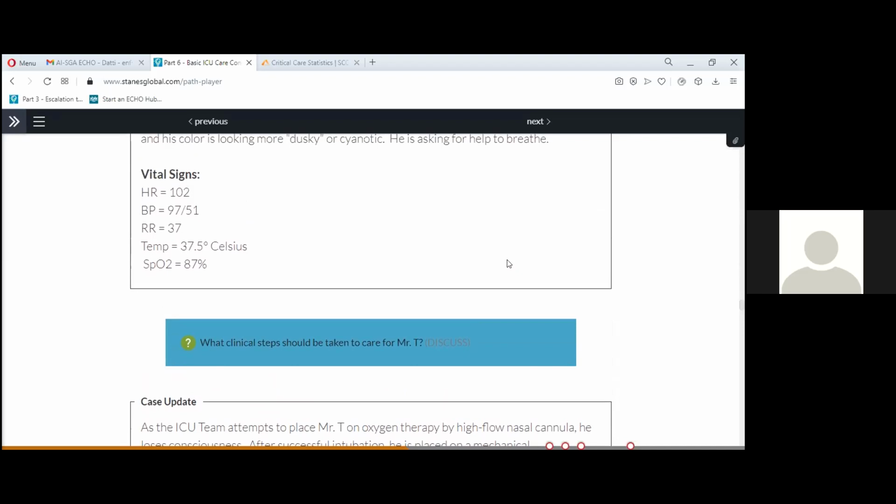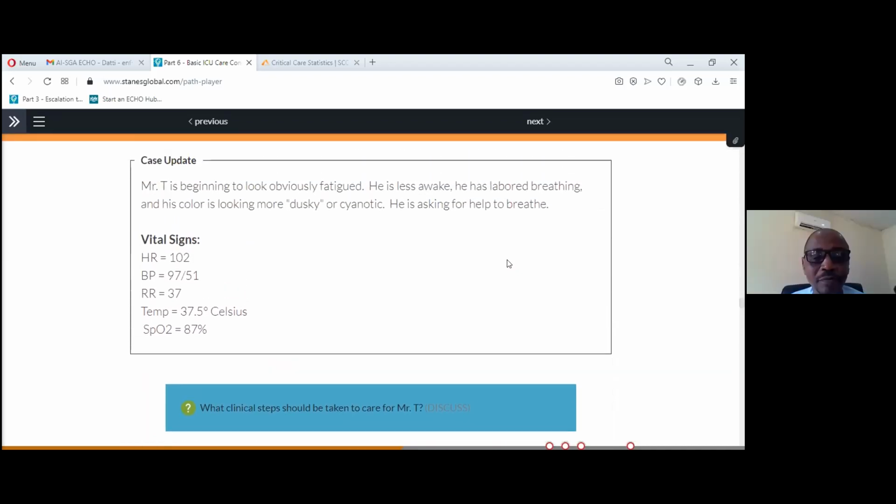He's becoming fatigued, so he's getting tired, less awake. So there's hypoxia, which is affecting his CNS, labored breathing, dusky, asking for help to breathe. And when he's asking for help, it means we have to intervene. Blood pressure is dropping, heart rate is increasing, and his SpO2 is 87, and he's reached the max of 15 liters per minute.